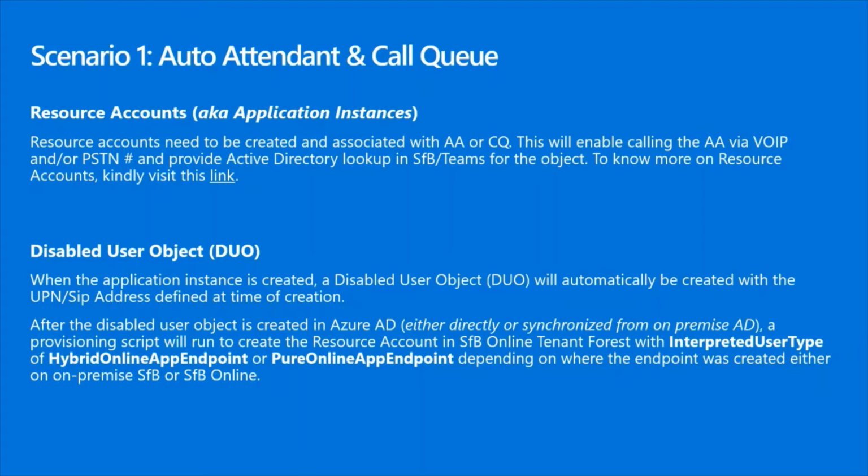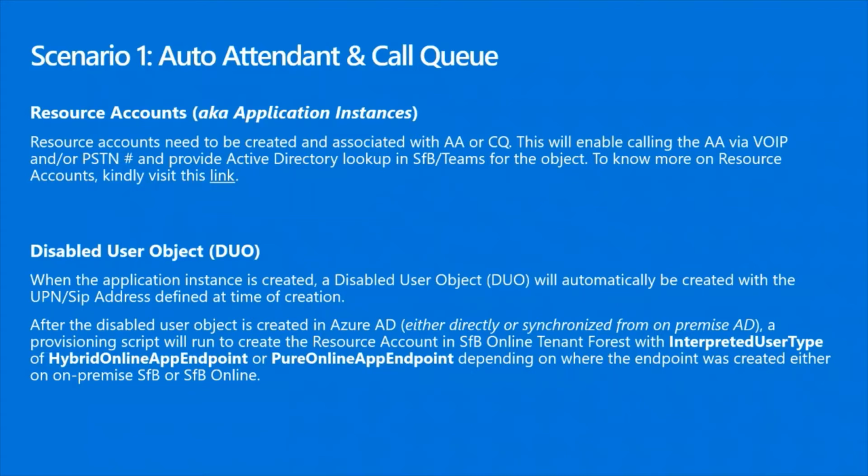Now, at least one Microsoft service or a direct routing number or a hybrid number is needed for each resource account that you want to be directly reachable. The service number may be a toll or a toll-free number. The resource account does get disabled, just like how we have a disabled account for resources on the Exchange side.